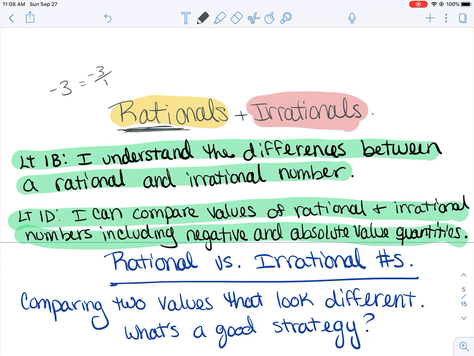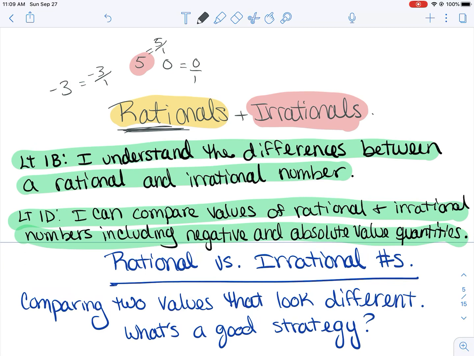Well, we could write that as -3/1. It's the ratio of -3 to 1. We could have whole numbers, maybe like 5, or 0. 0 can be written as 0/1 or 0 over anything. 5 could be written as 5/1. Natural numbers are part of the rational numbers. Again, 5 is another example of a natural number.